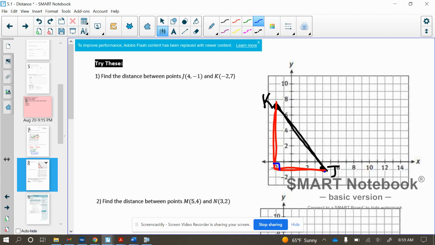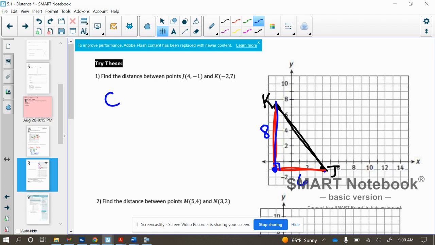If we're moving from 4 over here to our piece at -2, we are moving a total of 6 units. And then from this corner piece, the right angle, up to K, we are moving a total of 8 units.